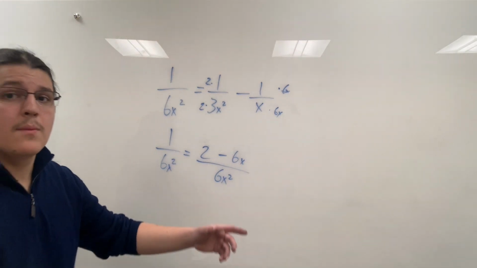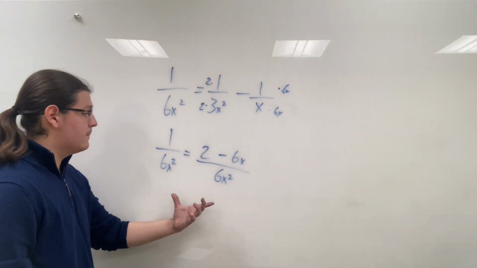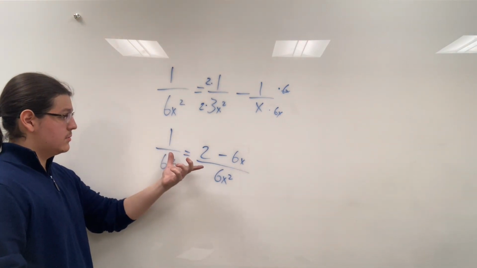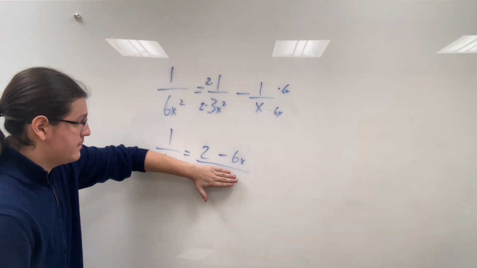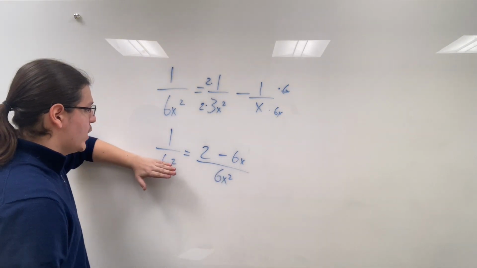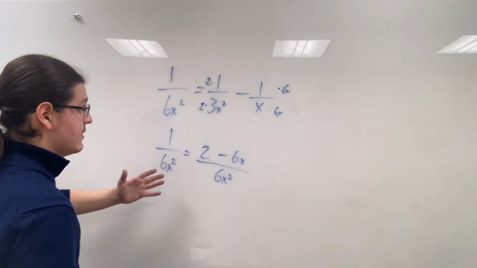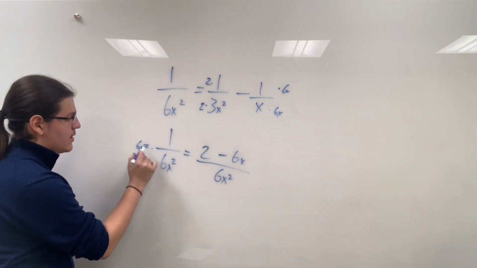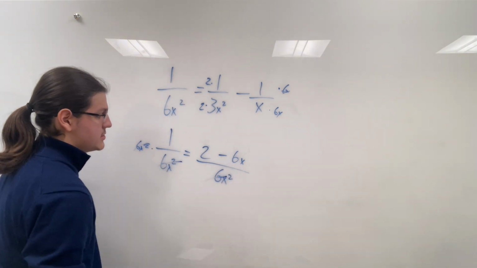Now, because our denominators here are identical, we know that we can just forget about them. Because no matter what, at some point we would have to get rid of this. We multiply by 6x squared, that cancels, and then this would cancel.